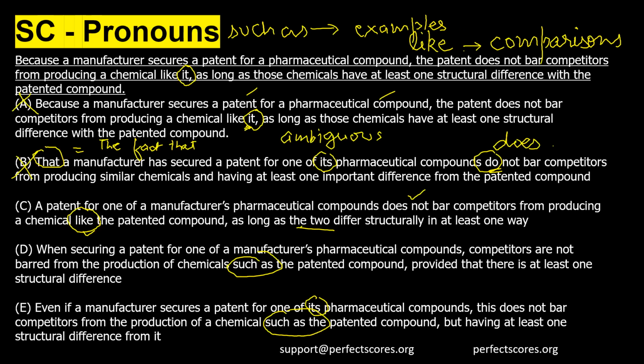Okay, so just let me know if you're clear till now, and I think you've figured out that the answer is going to be C in this case, because such as is just not correct in D and E. So just let me know if you were able to get the correct answer, and if not, if you have any doubts in any option.